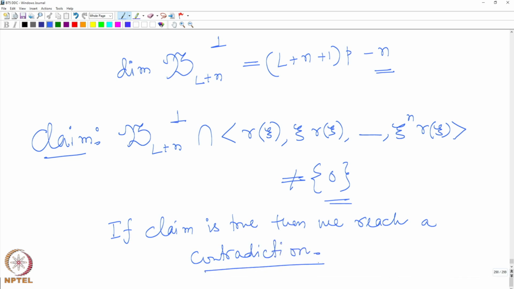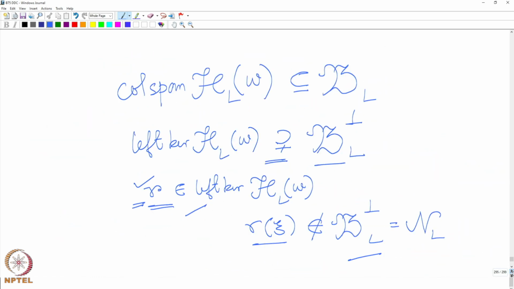And we want to reach that contradiction to prove that what we had assumed is wrong, that is, this assumption is wrong.